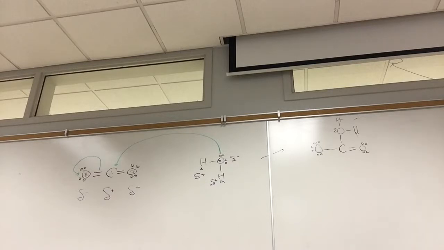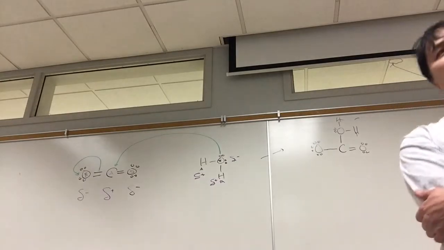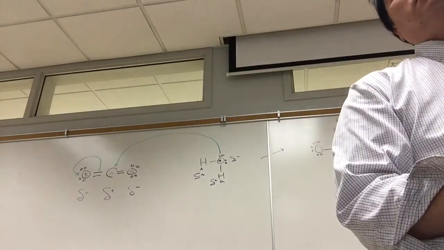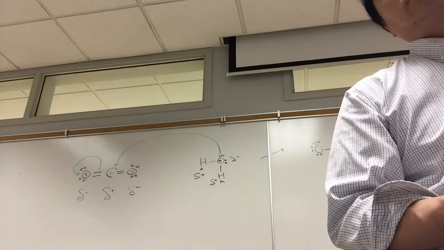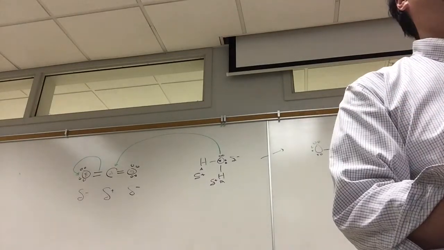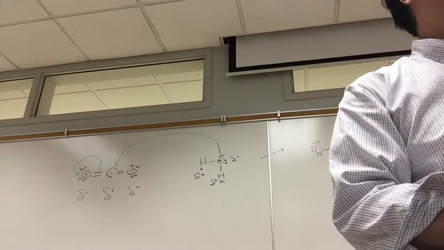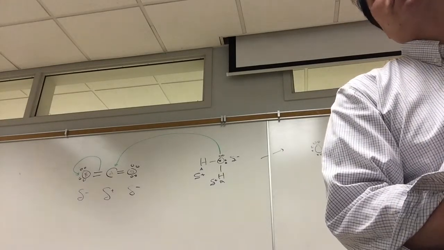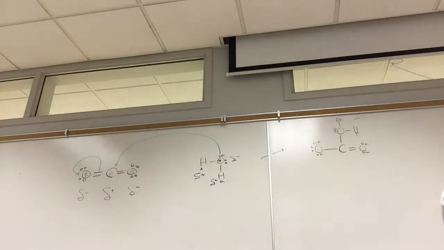Because what do you do in chemical reactions? You break bonds and you form new bonds, right? Well, how do you describe bonds? You're going to describe bonds either using valence bond theory or MO theory, right? And so if you want to understand chemical reactions, you got to understand bonding.